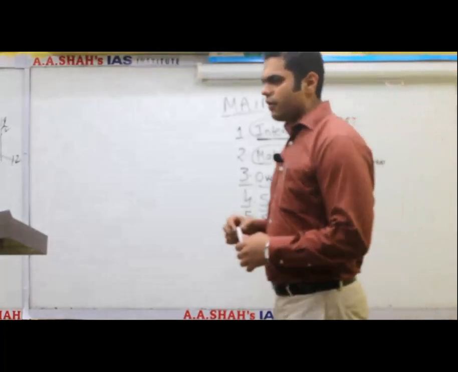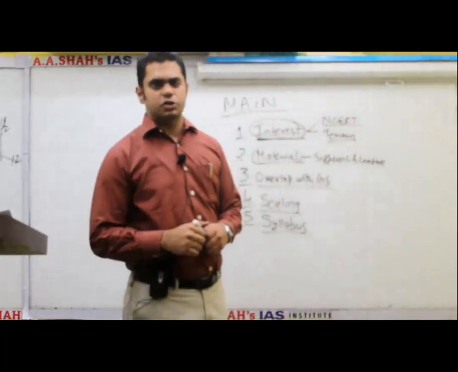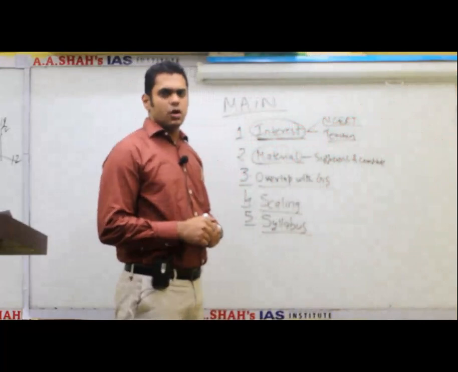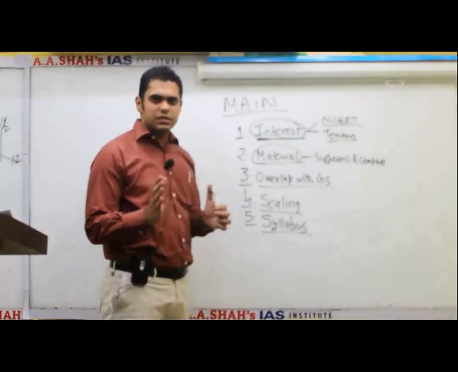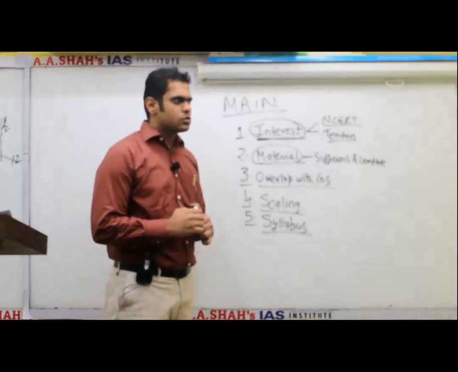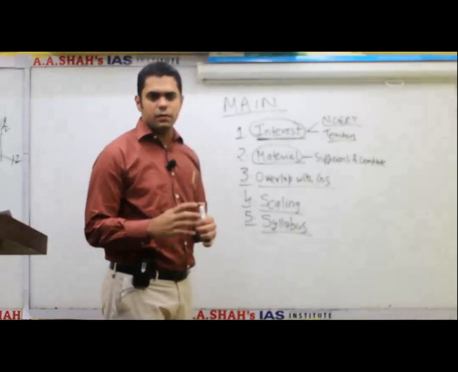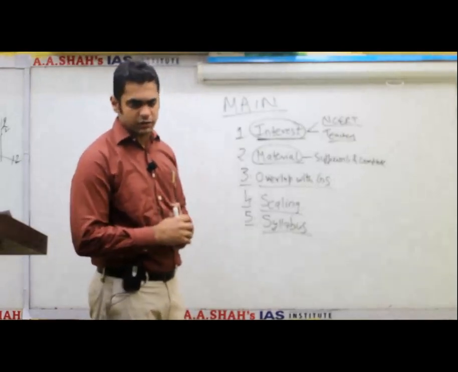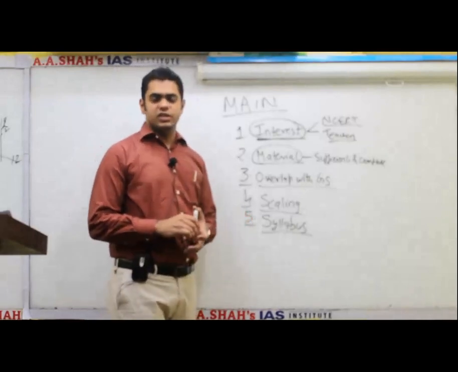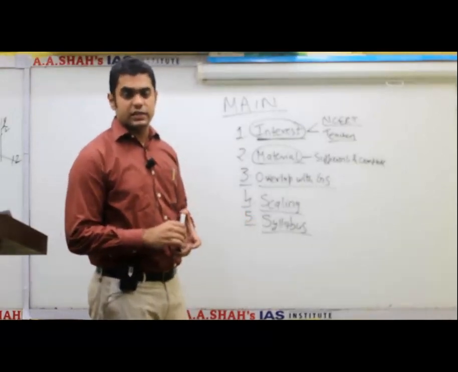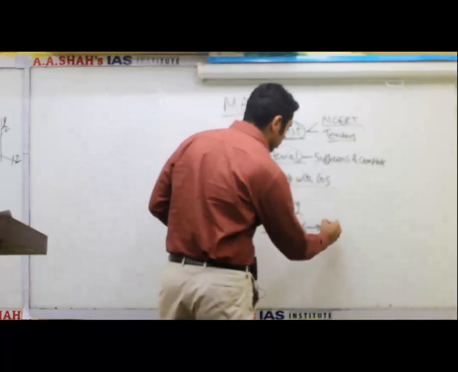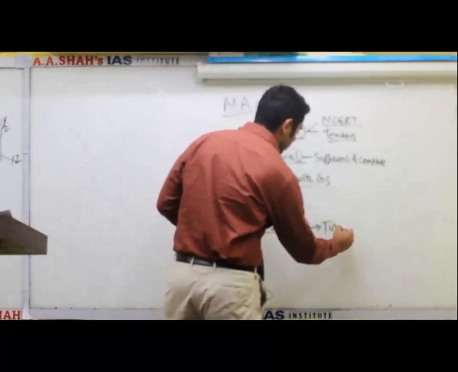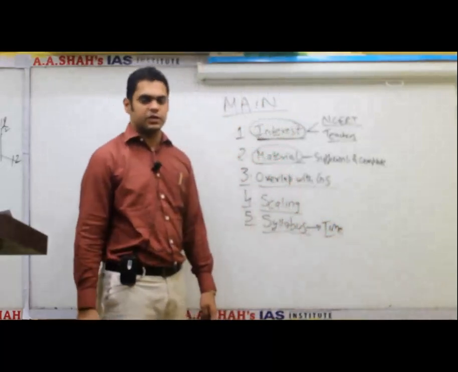Whereas if you have an optional like sociology or PubAd or something similar, the syllabus is very much defined, so it can easily be completed in say 2.5 to 3 months. Whereas an optional like history or geography or pol science can take much more time. So this syllabus is ultimately related to your time of preparation factor.